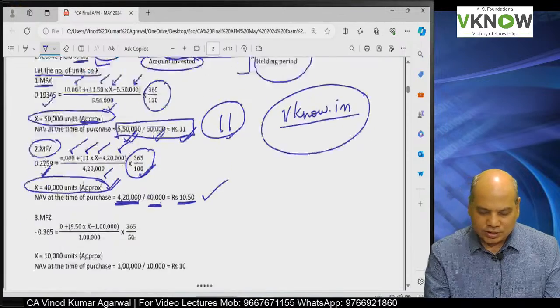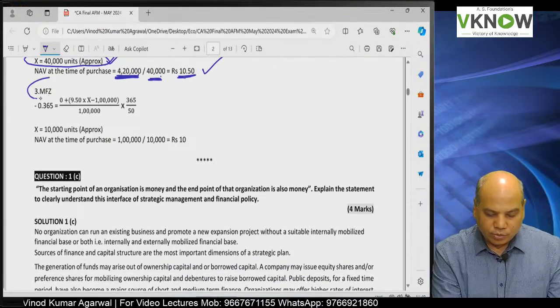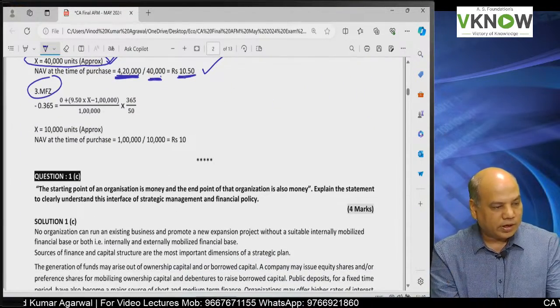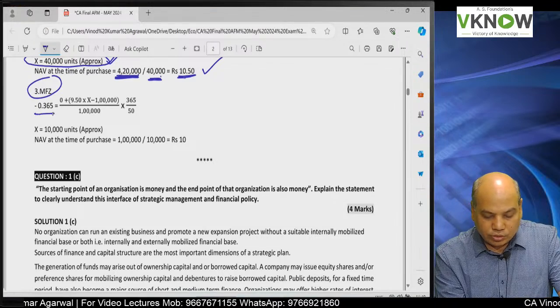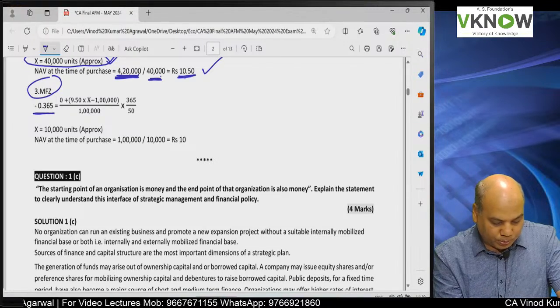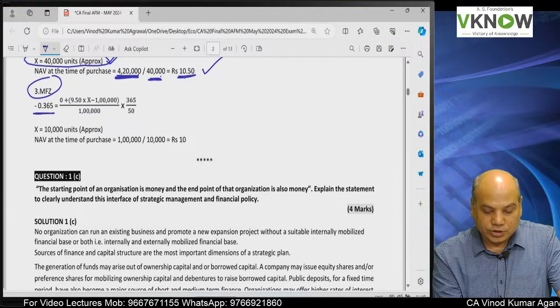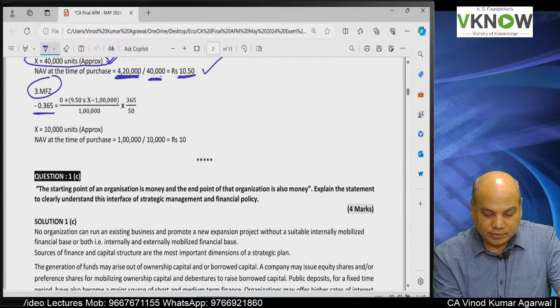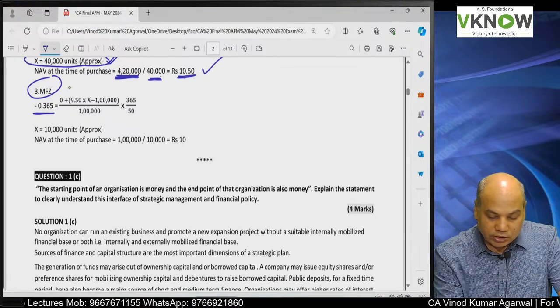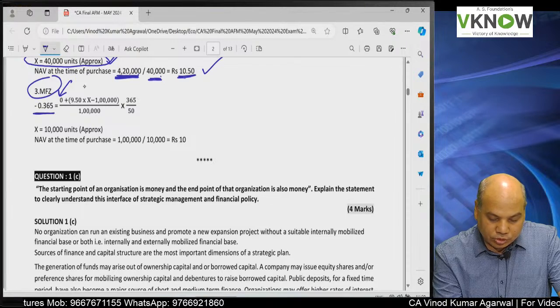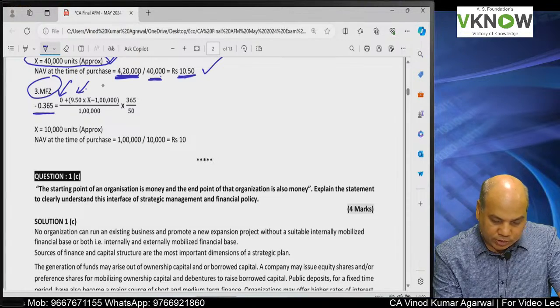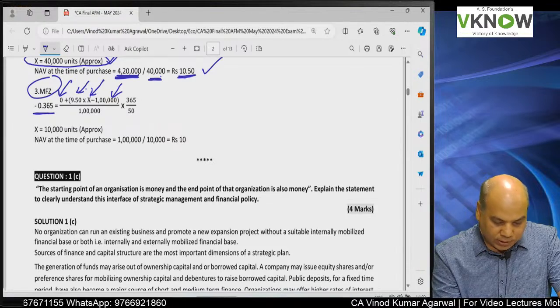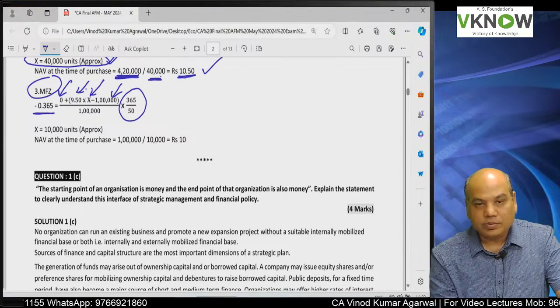Very easy question. Same thing for mutual fund Z, but in mutual fund Z, they have given you negative return, minus 36.5%, which is minus 0.365, and then dividend is 0, closing NAV is 9.50, opening amount invested is 1 lakh, number of days held is 50.